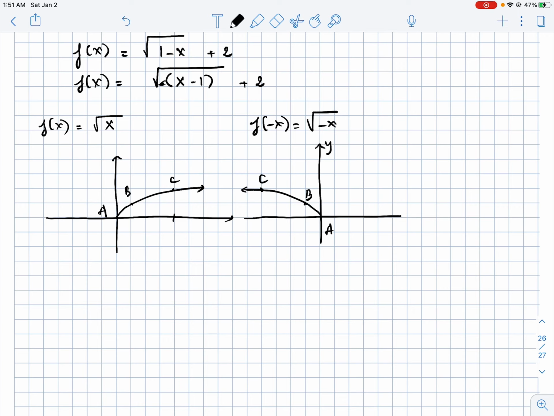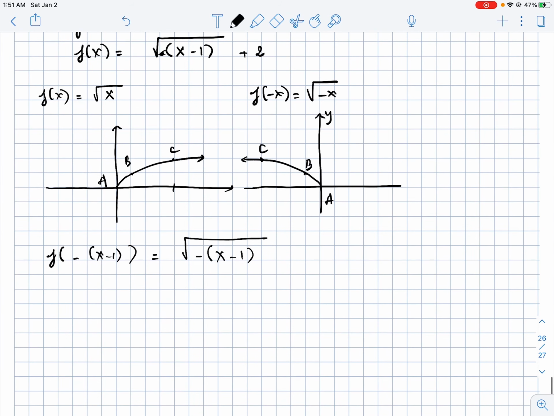So we get something like this, right? And then let's replace the x by x minus 1. So f of negative of x minus 1, then we will get square root of negative of x minus 1.